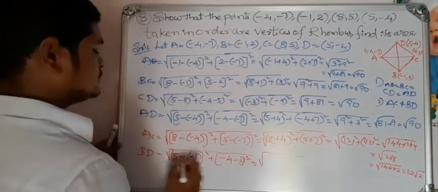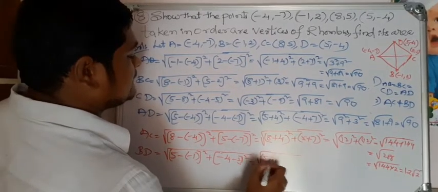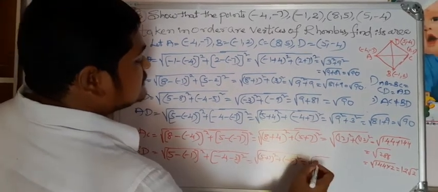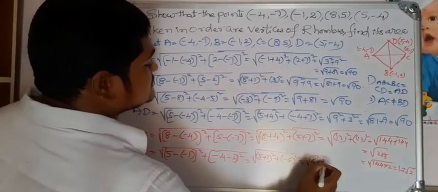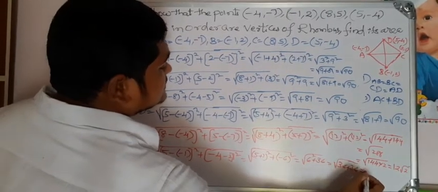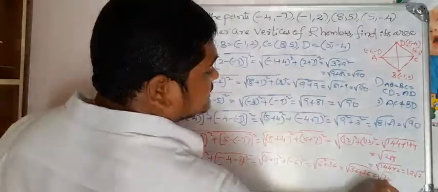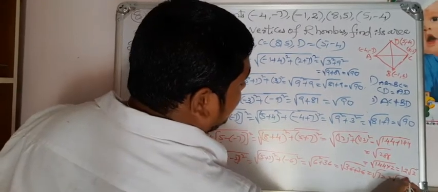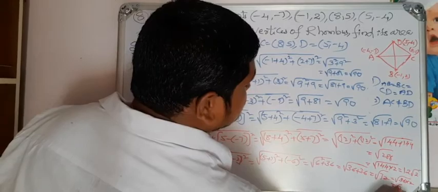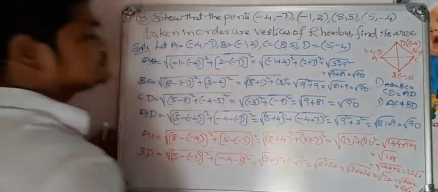So this is equal to 5 plus 1 whole square plus -6 whole square. 5 plus 1 means this is 6 square, and -6 whole square is 36. Overall that is 36 plus 36, which is root 72. You write this as 36 into 2. Root 36 is 6, so I can write this as 6 root 2.